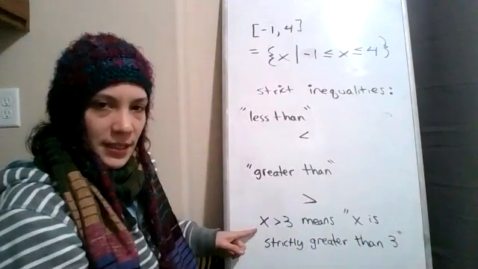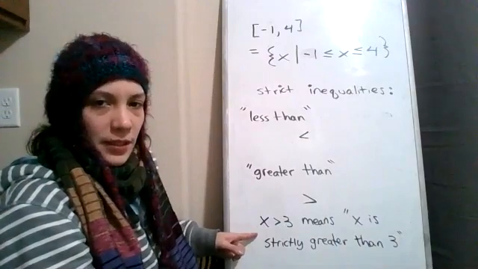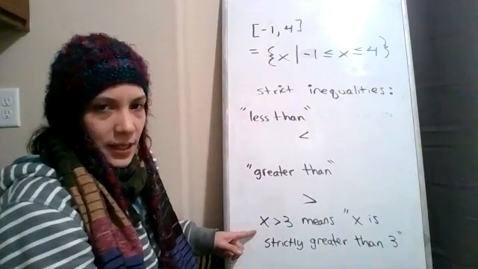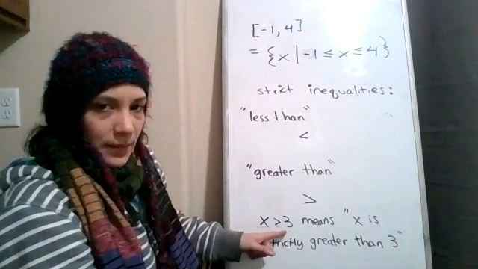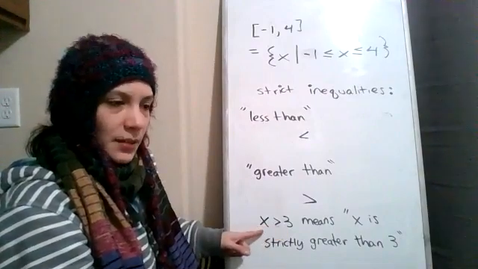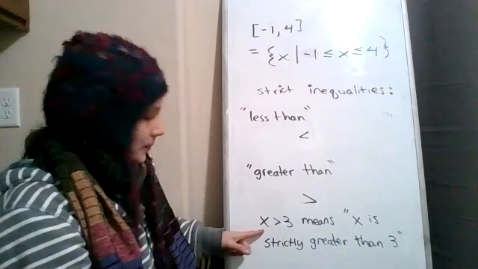So values that make the statement true, like 4 is greater than 3, 10 is greater than 3, but you can't equal 3, and x cannot be any number less than 3.